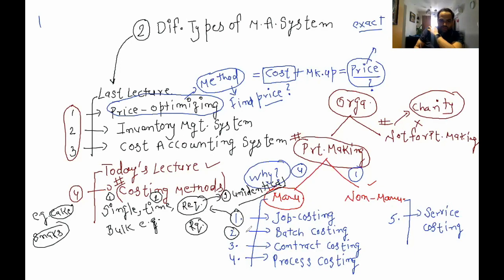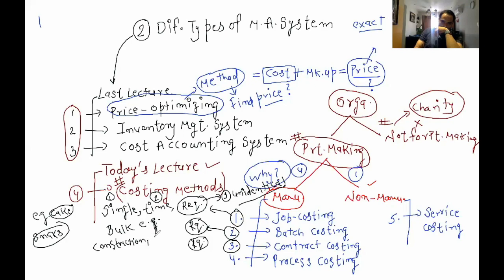Now move on to number 3, which is contract costing. So what are the requirements or criteria to apply contract costing? As you can see, contract costing we apply for a product that is construction in nature, right?